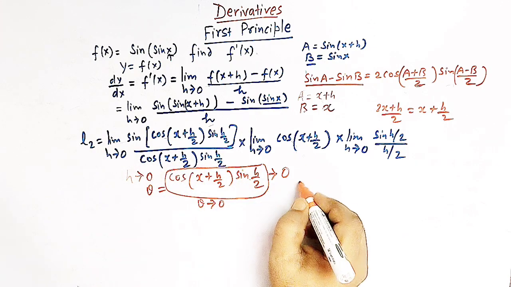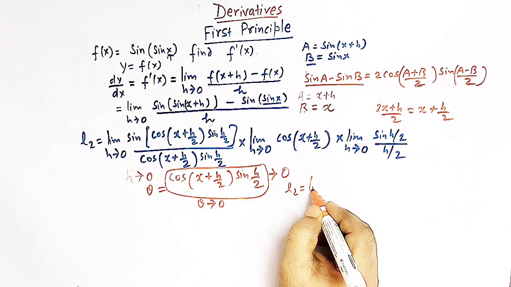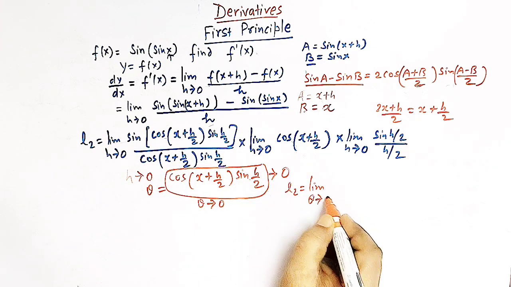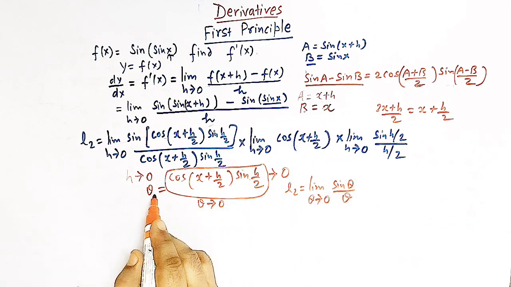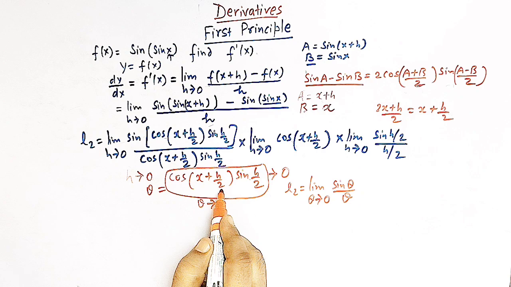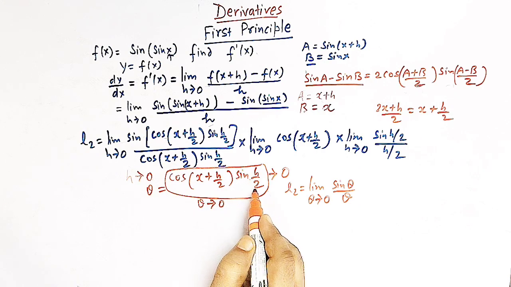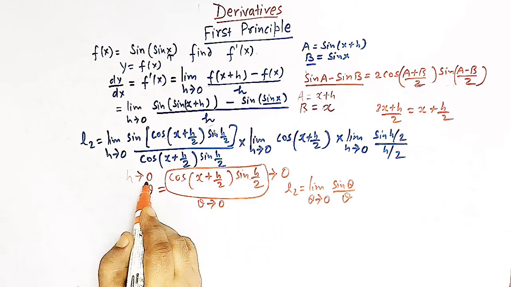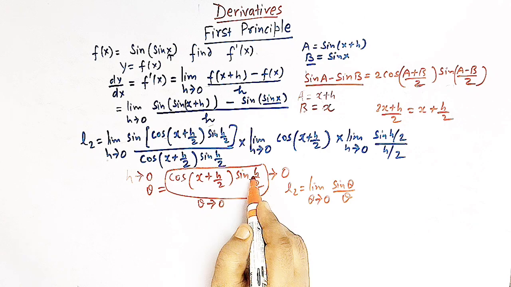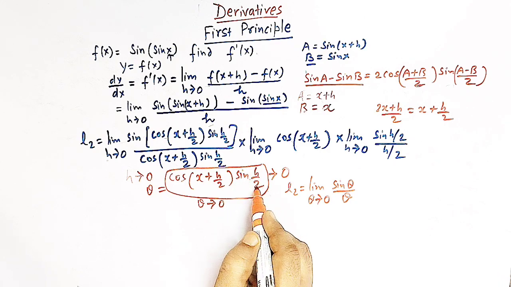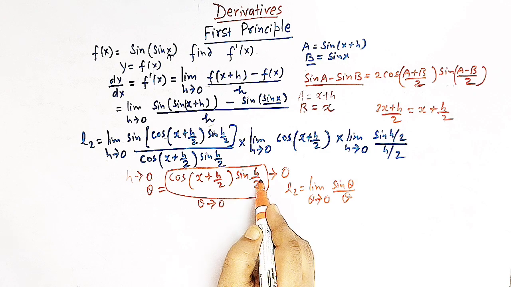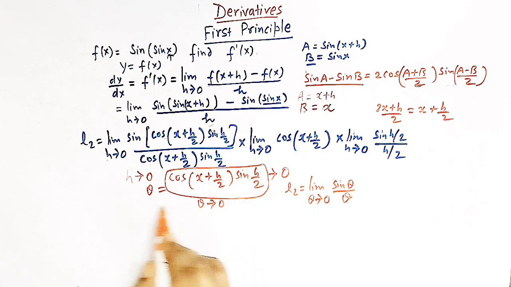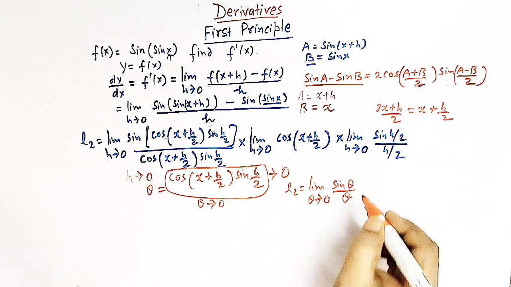So this limit is now equal to limit theta tends to 0 sine of theta over theta, where theta is cos x plus h over 2 sine h over 2. So when h tends to 0, this term, that is sine h over 2, tends to 0. So this entire term tends to 0. So it implies theta tends to 0.